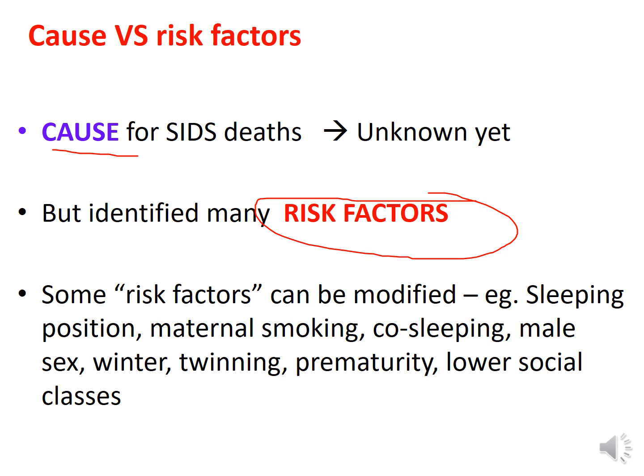Out of those risk factors, there are modifiable risk factors and also risk factors that we can't do anything about, for example being male, being one of a twin, and so on. So what are the modifiable risk factors? Sleeping position, maternal smoking, co-sleeping, and these are the things that we have to think about as risk factors. There is a huge list, but I have mentioned very few here.